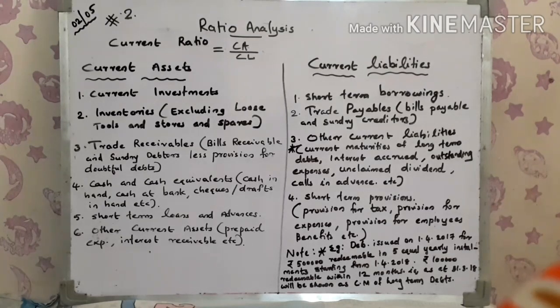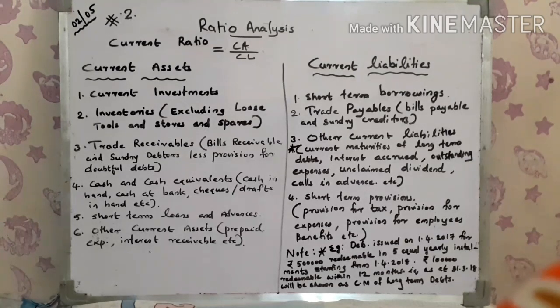The first item is short-term borrowings. Second one is trade payables, including bills payable and sundry creditors. And third one is other current liabilities.